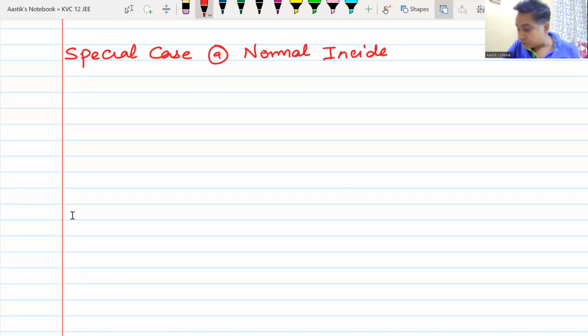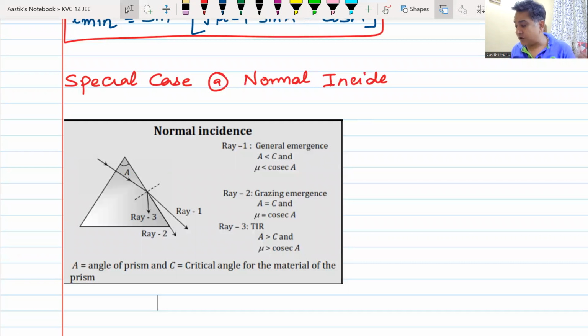Okay, this is the first case of normal incidence. As you can see, the incident ray is falling normally. You have to remember three cases are possible.